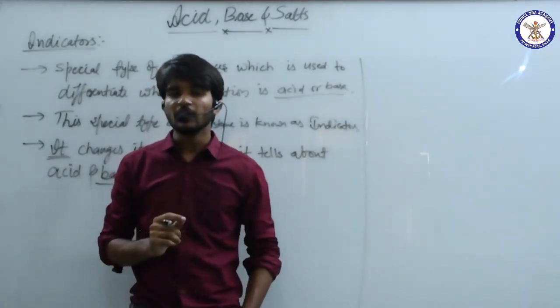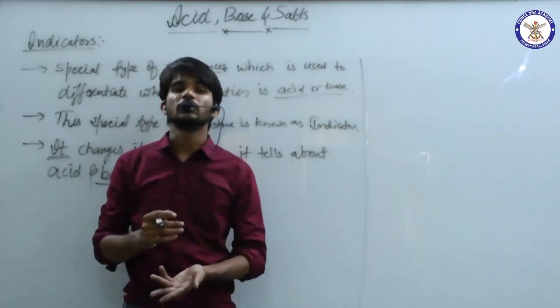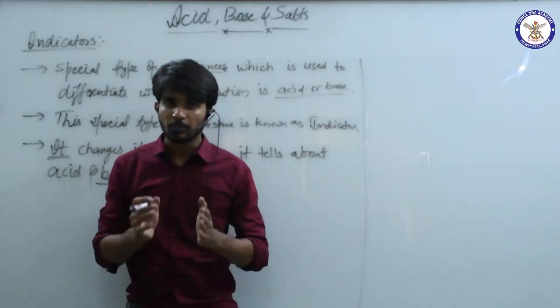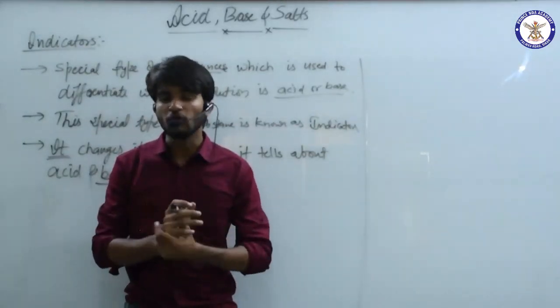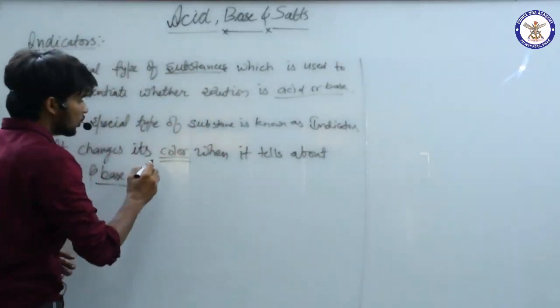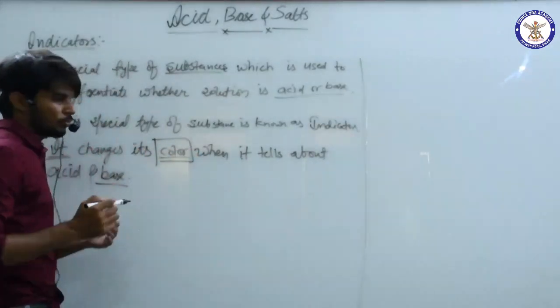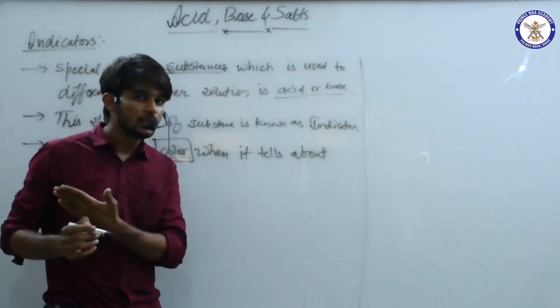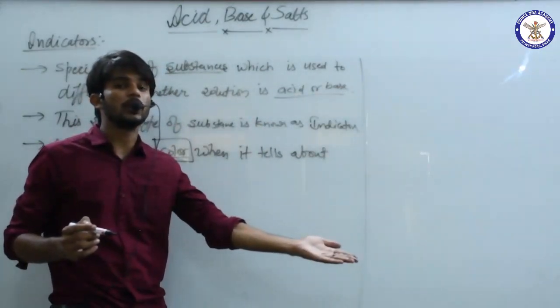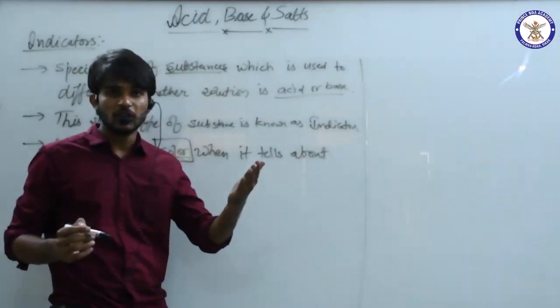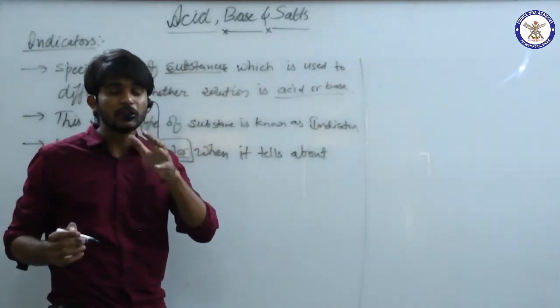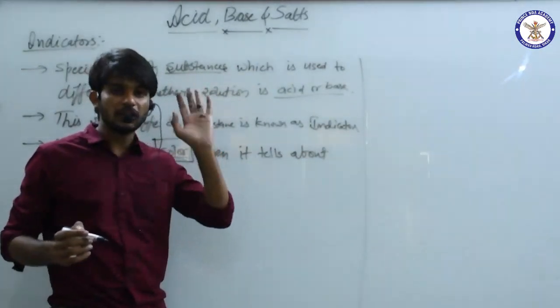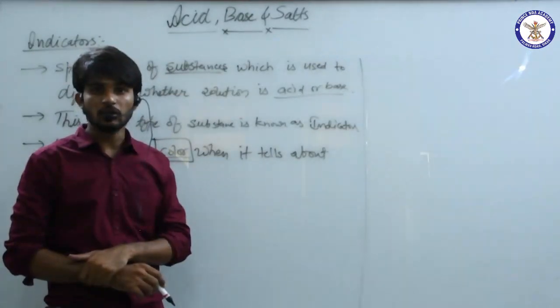So we will find out whether it is acid or base by the change of color. We need to observe only the color, before dropping the solution of acid or base and after dropping it. If we see any particular change in color, then we decide whether it is acid or base.